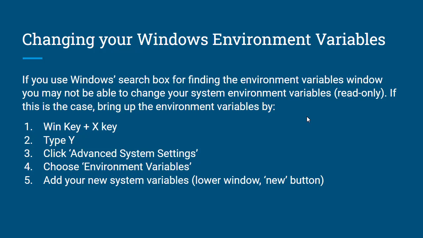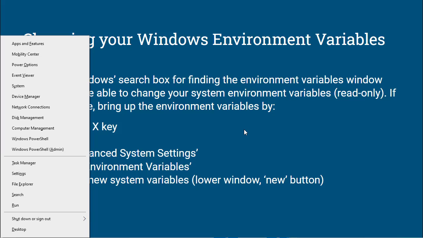To modify the environment variables, the best way is to use this process. If you do it from the start and search for it, the lower window might be read-only. So if you use Windows X, and then Y will get you to the System window right here.